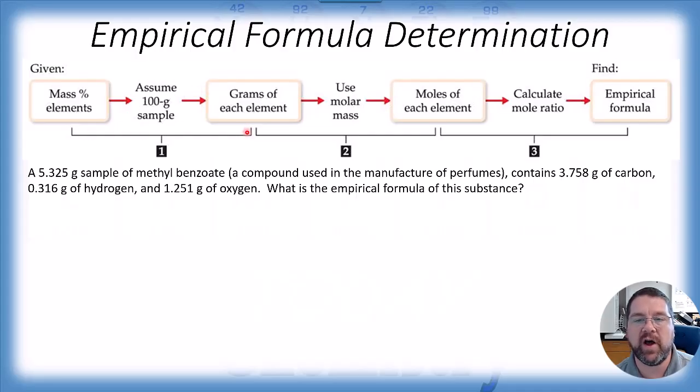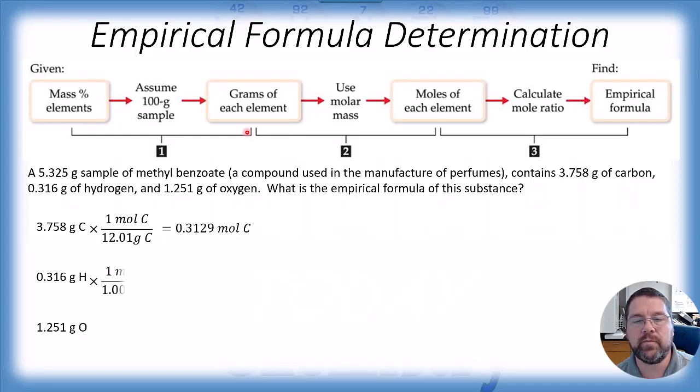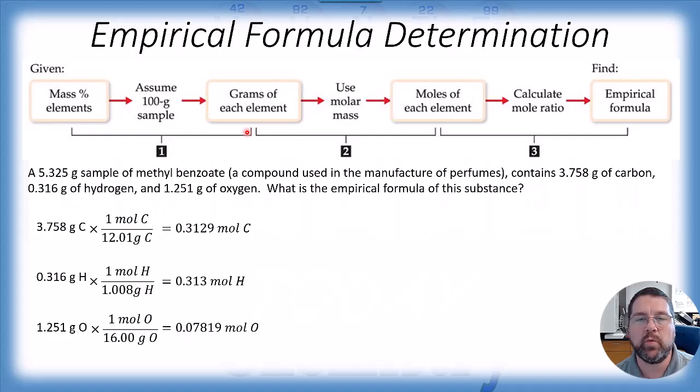So we can begin by using the molar mass of each element. Notice that when we are using the molar mass, we are using the atomic molar mass. If it's a substance like hydrogen or oxygen, which is naturally diatomic, we are not talking about the diatomic molar masses here. That's an important point to note.